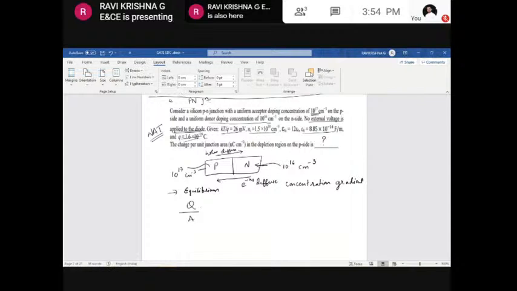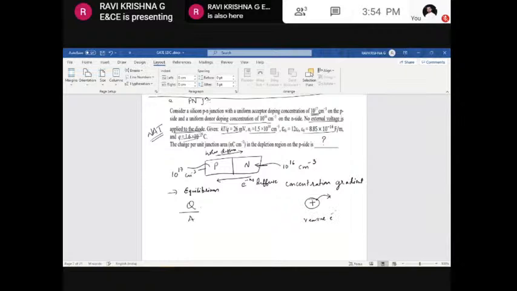Because of this diffusion process, what happens at the junction? We know that immobile ions will be created at the junction. For example, if you consider a neutral atom and I remove an electron, what happens?